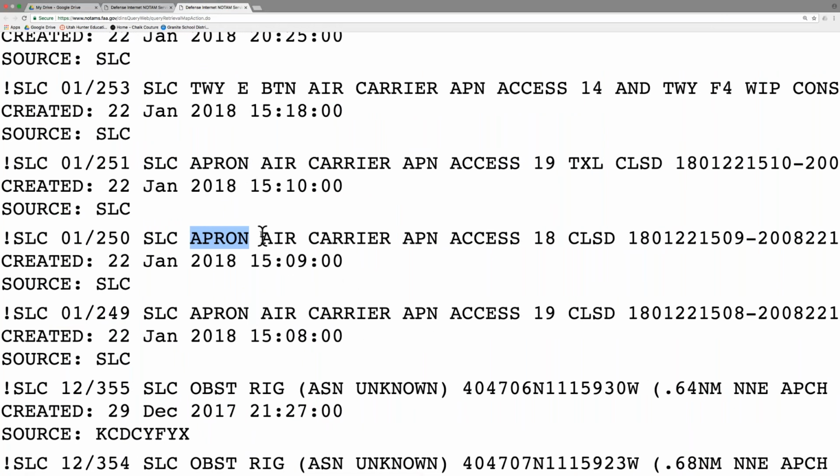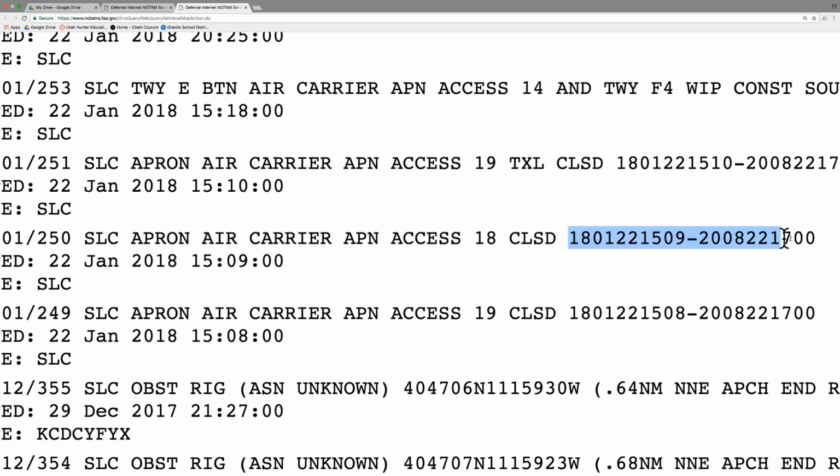Okay. This is the note, right? Basically the remarks section of it. And then this is the effective time. So sorry, that's the effective time, and what else before you said that?